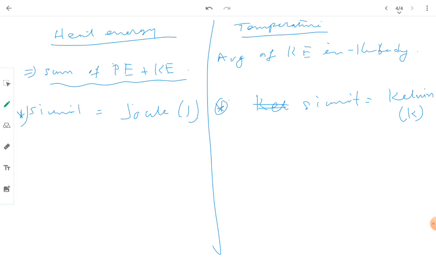So this heat energy can be measured by the calorimeter, by the principle of calorimetry.